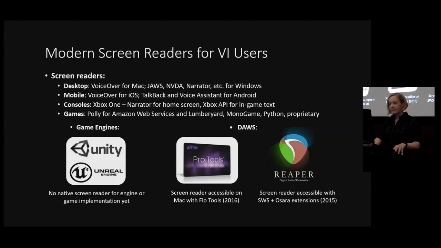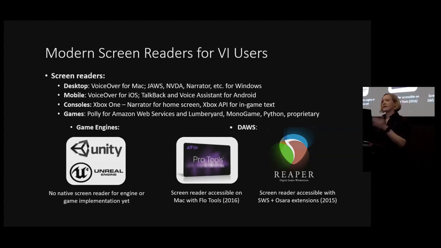And for games themselves, this has been kind of a point of contention within the accessibility community because there's not a lot of straightforward answers. One thing I did learn about when I was at GDC last month was there's Polly for Amazon Web Services and Lumberyard. I've actually been gone a couple weeks.